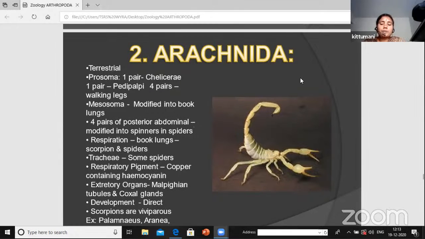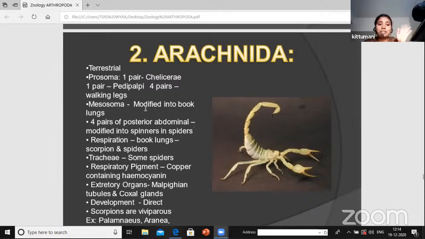Then the mesosoma. After the prosoma, what will be present? The mesosoma is modified into book lungs. The best example for book lungs is the scorpion. Next, the posterior abdominal appendages, 4 pairs, are modified into spinners in the spiders.